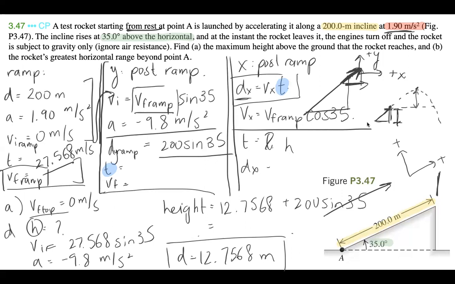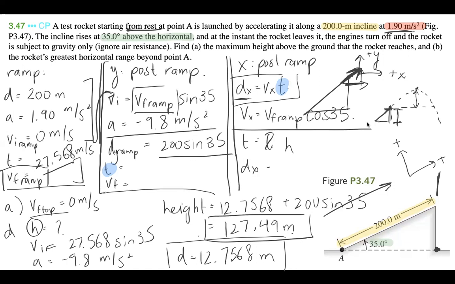My notes are a little bit messy today, so just bear with me. I have 127.49 meters. That's my height above the ground, from this point all the way to the top. So that's the maximum height above the ground that the rocket reaches. It reaches 127 meters above the ground.